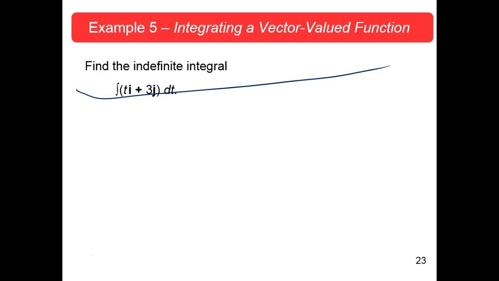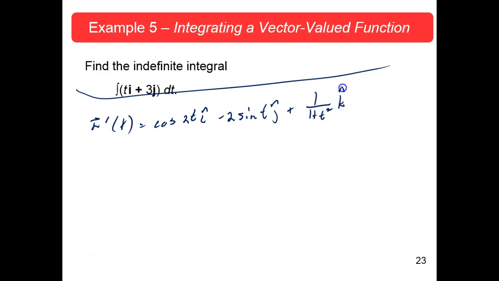Find the antiderivative of r prime of t equals cosine 2t i minus 2 sine t j plus 1 over 1 plus t squared k.